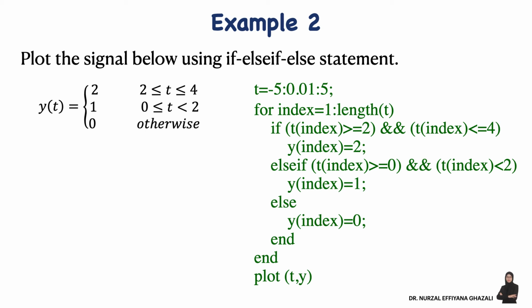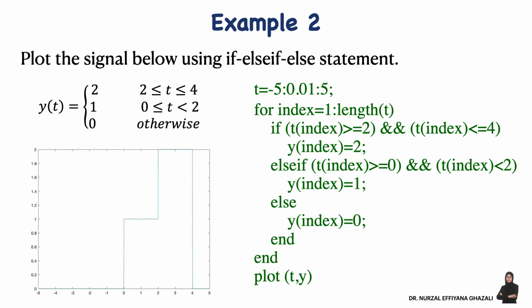And the next condition is I need to check that t must be between 0 and less than 2, so that y can be plotted as 1 and else 0. So by using this code, you can get this plotting in MATLAB.